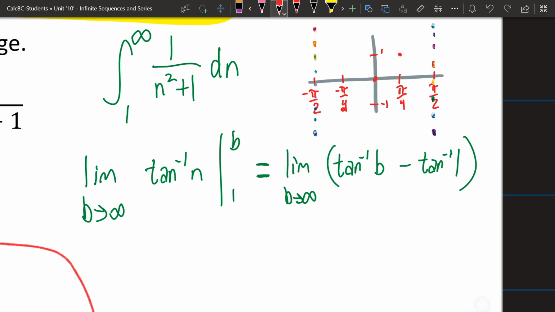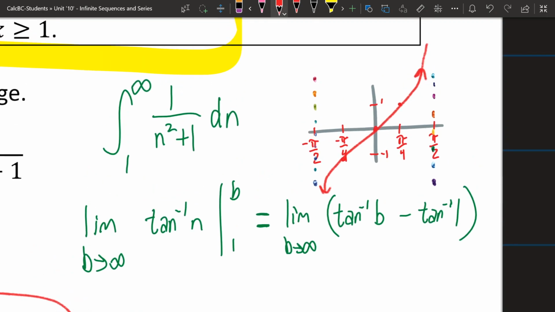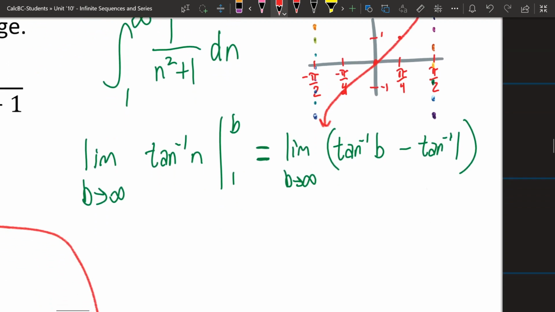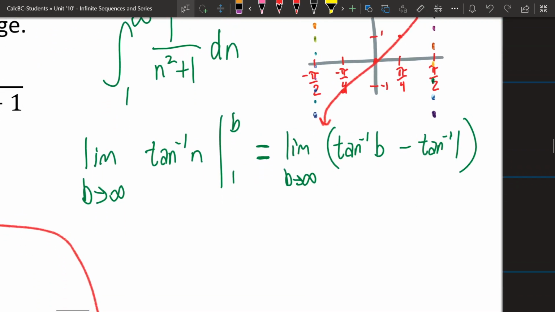We've got our function increasing, going through those 3 points from left to right. So if we're looking for the inverse tangent of b as b approaches infinity, approaching infinity is up here. So that means our angle is approaching pi over 2.